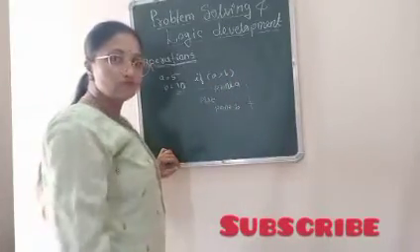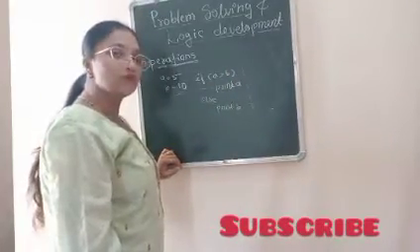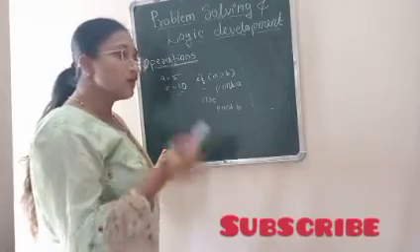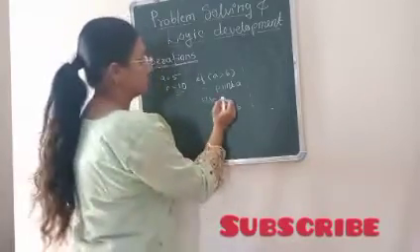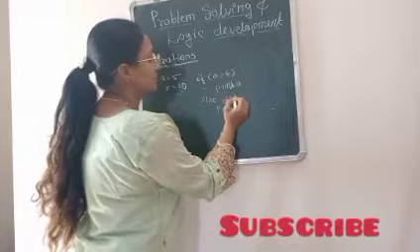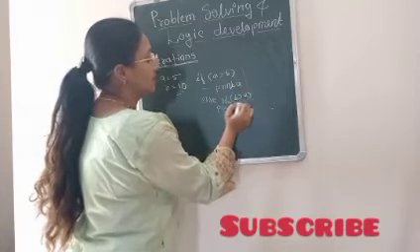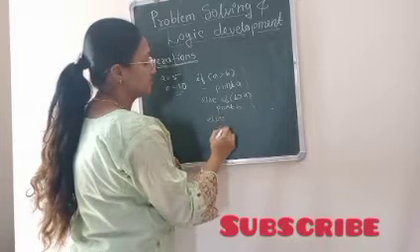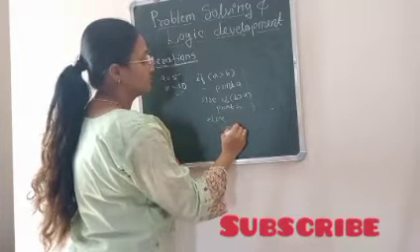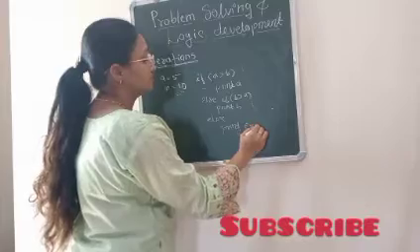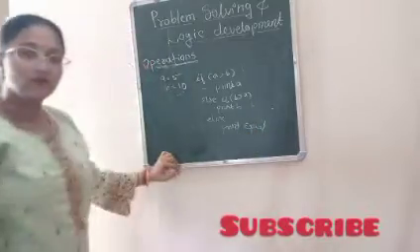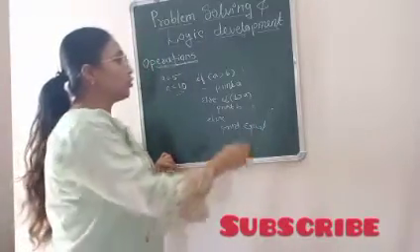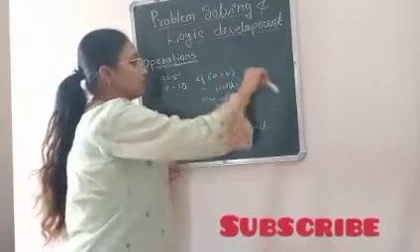For that, you have to check one more condition, or else simply add a condition: if B is greater than A, then print B, then add another else, print equal. This was about only this problem.